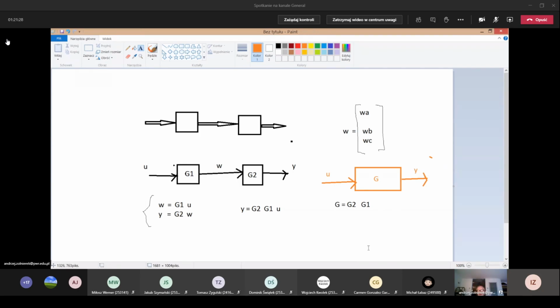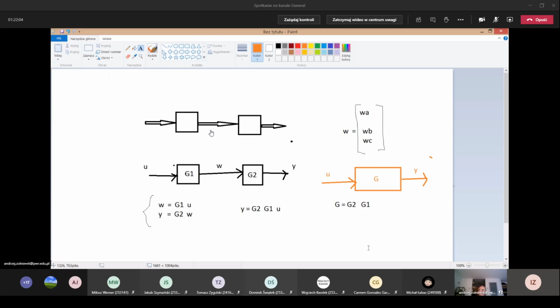So just like that. It means that I can treat the system of two multidimensional elements, which are connected in this case in the serial way, as one representing element. It is only a mathematical model, which I can apply to further calculation for, let's say, analysis task and synthesis task.